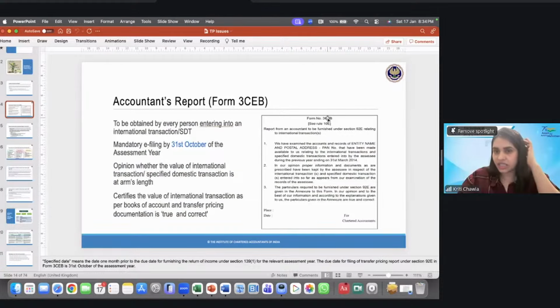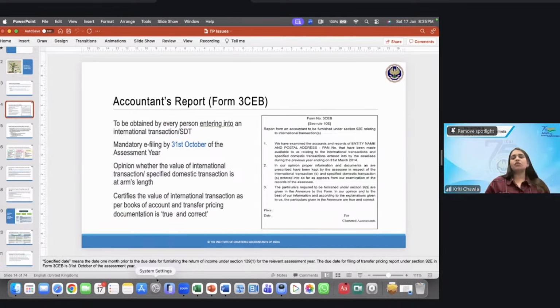This is Form 3CEB. This is coming from Section 92E of the Income Tax Act. Now, what does it do? Well, this is going to be a very concise document. And this particular document is to be obtained by every person who is entering into an international transaction. There is mandatory e-filing by 31st of October.